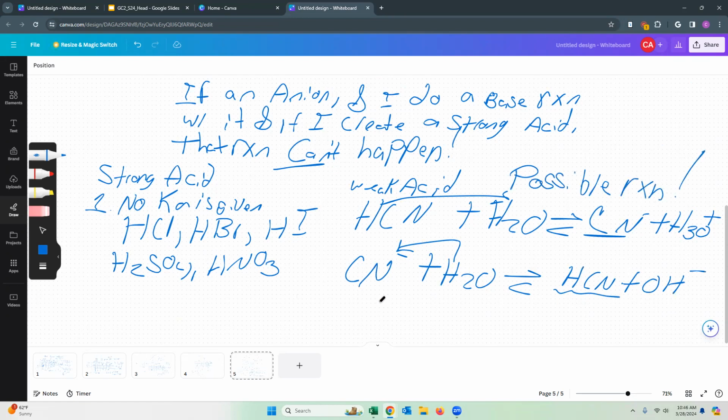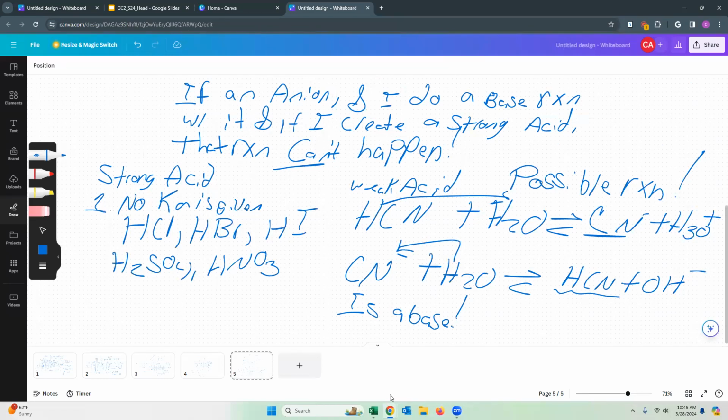So CN minus is a base. It is a base. So I know this is confusing for people when you first look at that.